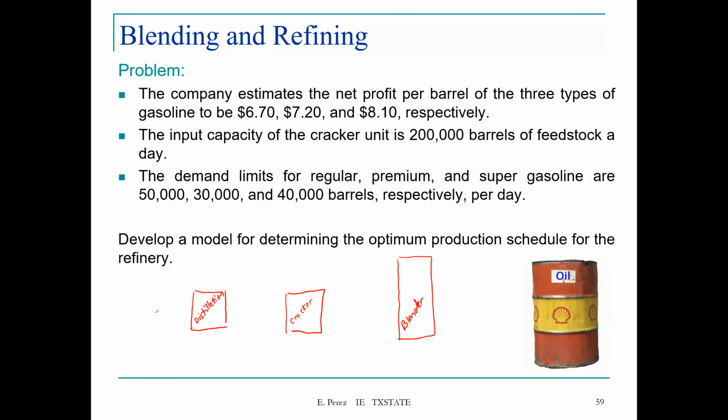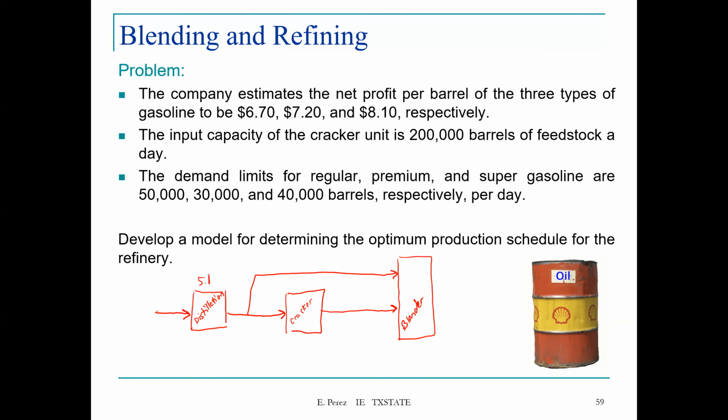Okay, so the crude oil comes here. Then from here, we can send some of the distillation product to the cracker, and then some of the product will go to the blender. And then from the cracker to the blender, we have some product. So there's a 5-to-1 rate.